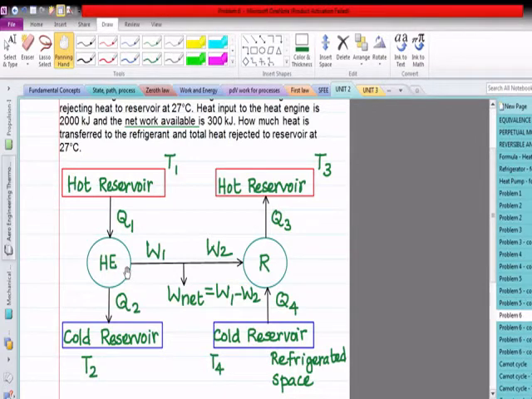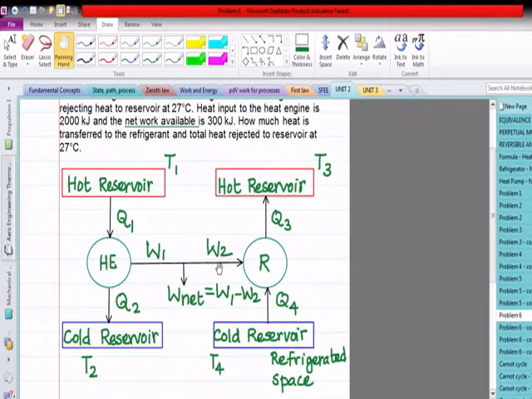Both these statements mean the total work output of the heat engine is going completely as input to the refrigerator.